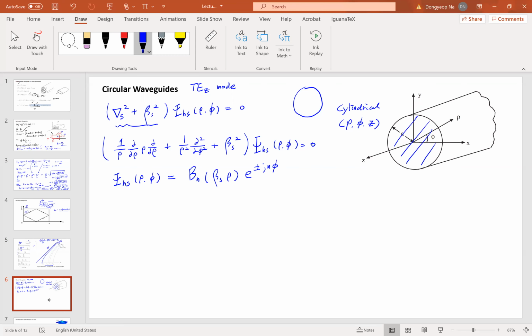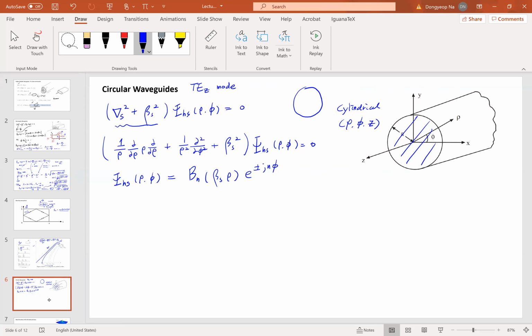This Bessel function describes the field profile over the radial axis, and this is just the oscillating field along the azimuthal direction. And this is the general solution.